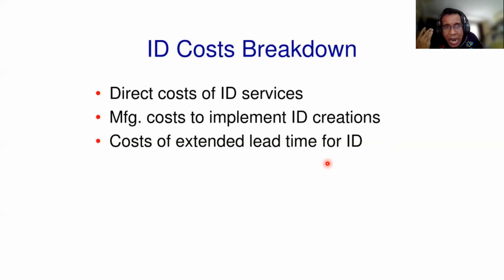That is an ID related cost. So of course there is a cost for the manufacturing itself for ergonomics and aesthetics, but also the extended lead time to fulfill the customer need on that ID requirement.